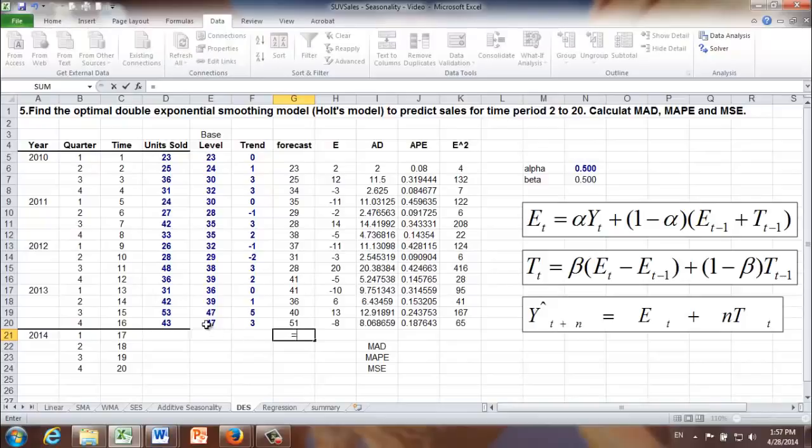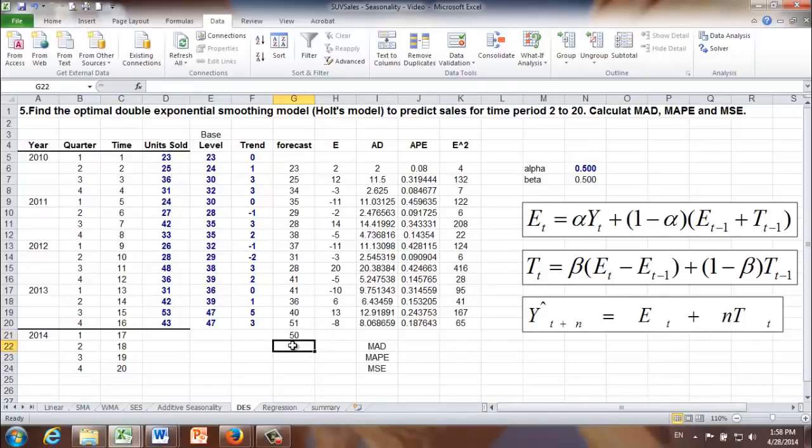E16, the base level from time period 16, plus 1 times the trend in time period 16. Because right now we are sitting at time period 16 and we would like to predict the sales for time period 17. So it's 1 time period into the future. So n is equal to 1.